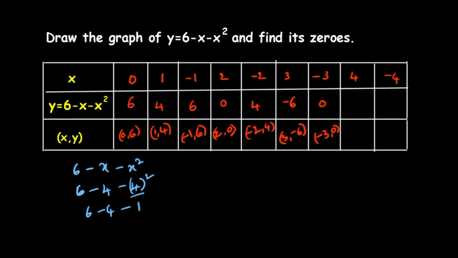Add both negative values now, that is 6 minus 4 minus 16, minus 20. Now you can subtract, because one plus and one minus is there, we should subtract it. By subtracting we get minus 14. So here minus 14 is a point, that is 4 comma minus 14.